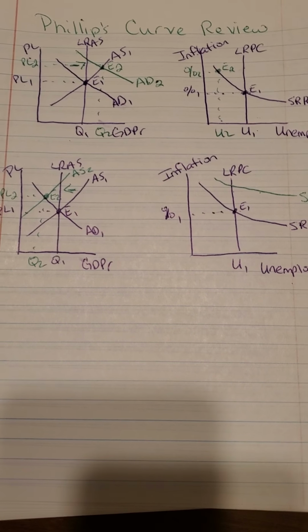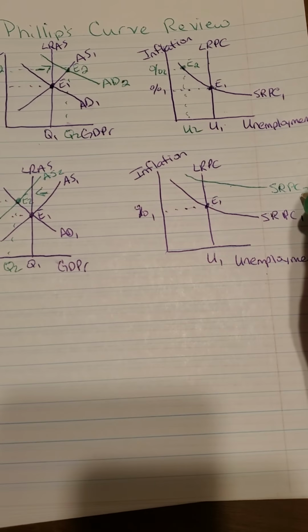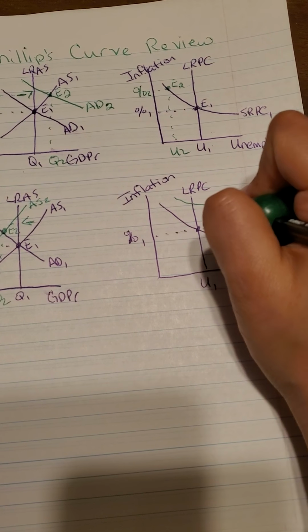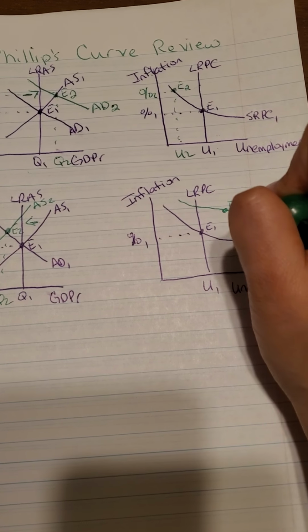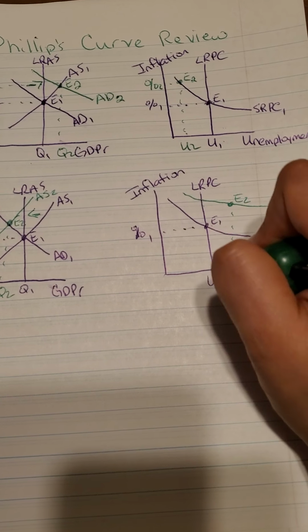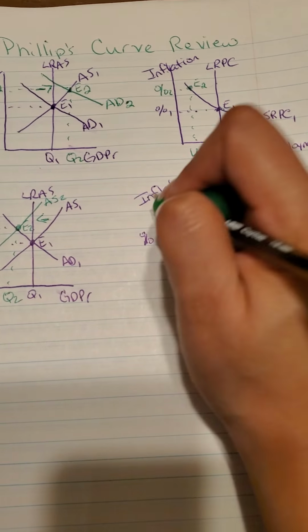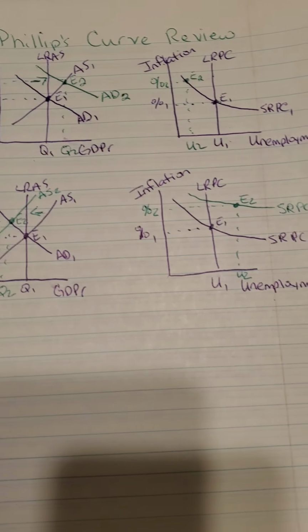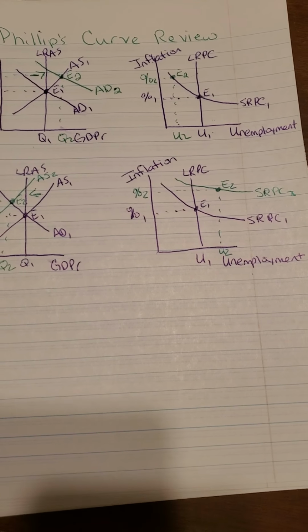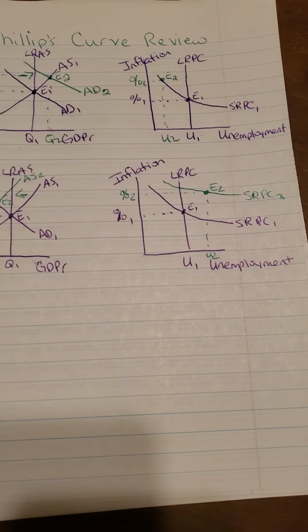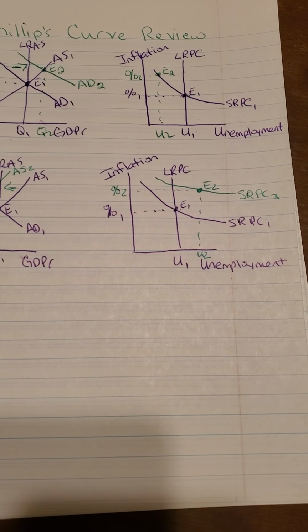So label that short-run Phillips curve 2. Label your new point somewhere around there. E2, U2, and %2. Remember, guys, that you can always pause before I actually give away the answer, just to test yourself and see if you're actually on the right track.